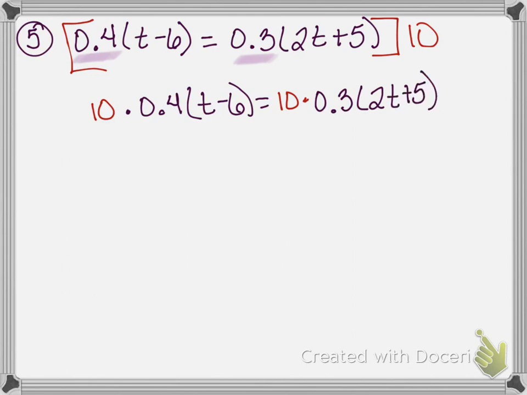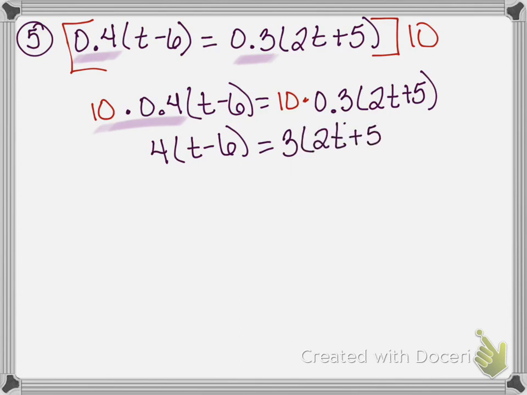Okay? 10 times 0.4 is 4. 10 times 0.3 is 3. I distribute. I get 4t minus 24 equals 6t plus 15.